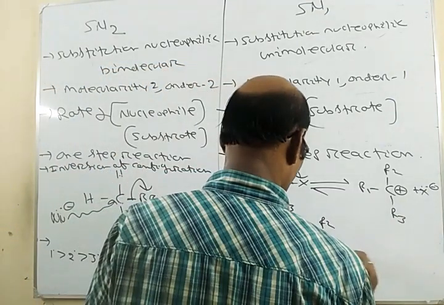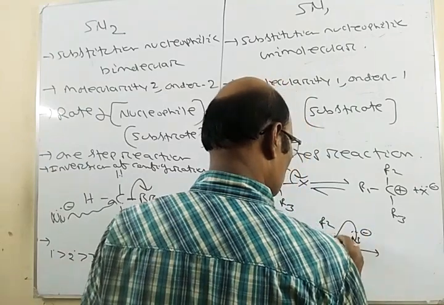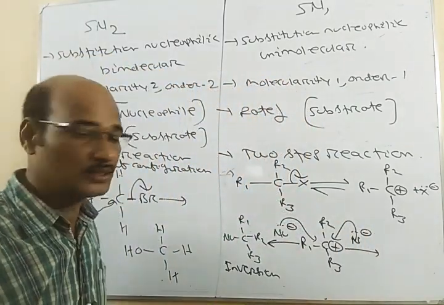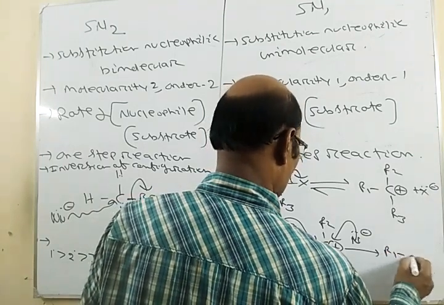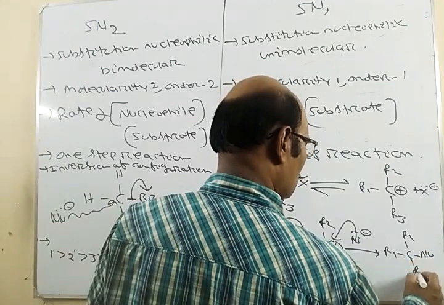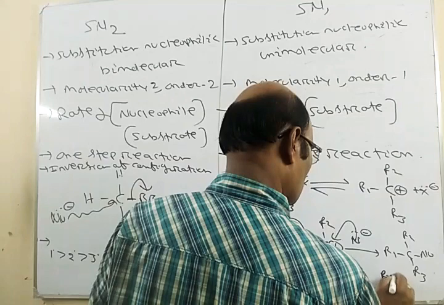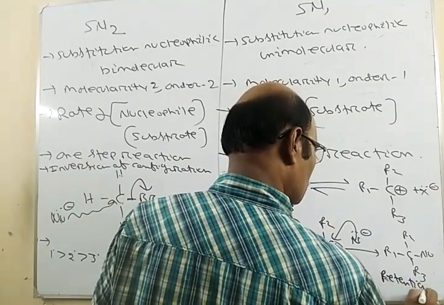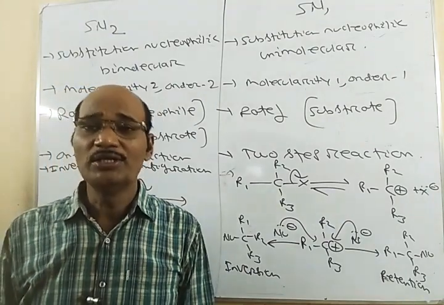And on front attack, you get R1, C, R2, Nu, R3. This is retention. So retention of configuration and inversion of configuration both will take place.